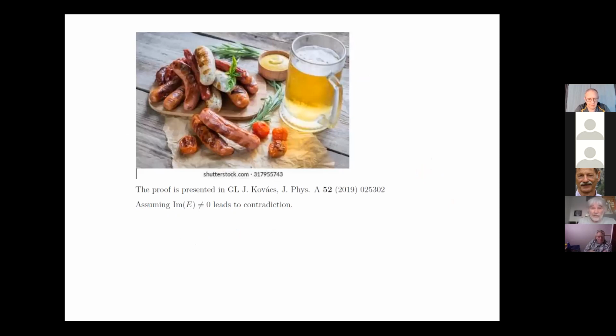So I put this figure here to remind you that if you like beer and sausages, then try to avoid seeing how they are prepared. So I think this applies to my results of proving that there are no complex energy solutions of this problem. But the paper contains everything.